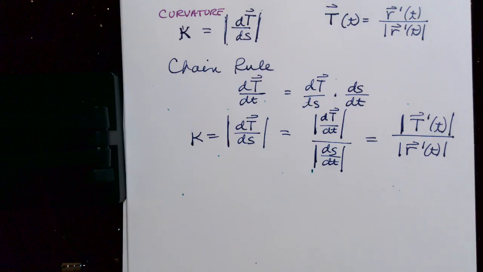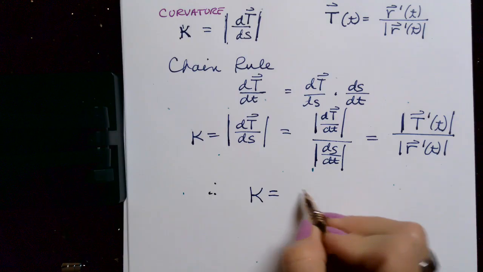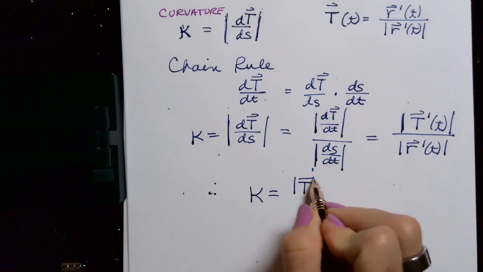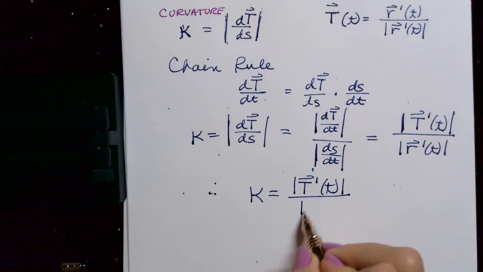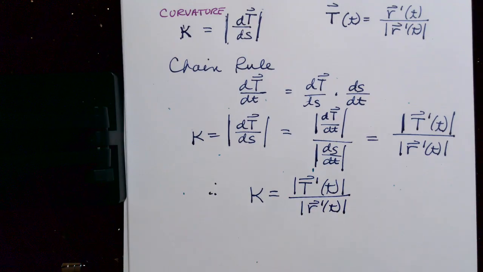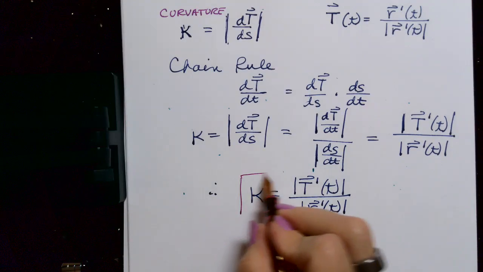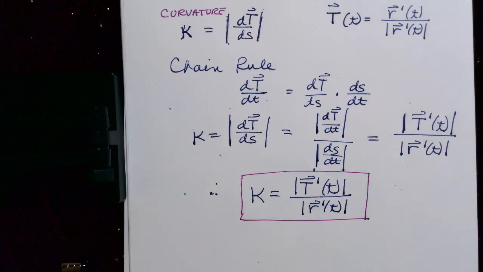Okay, so what we just showed is that here's an alternate version of the definition of curvature. Sometimes this definition is more convenient than the one up top. It just depends on the exact problem you're given and what the ingredients of the problem are.